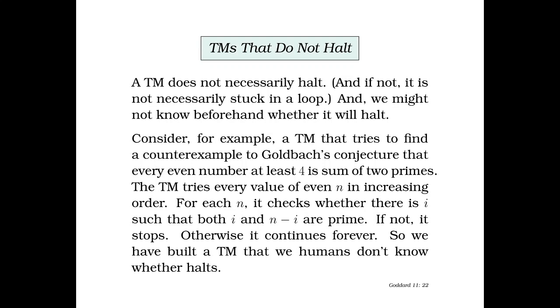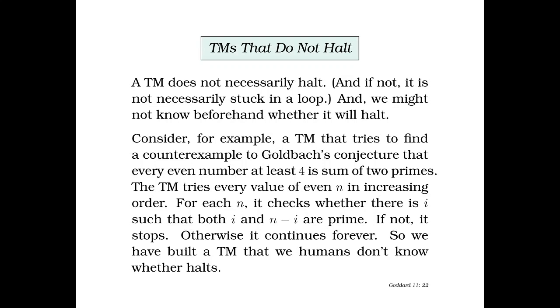Suppose a Turing machine tries to find a counterexample to the famous Goldbach's conjecture, which says that every even number, at least 4, is a sum of two primes. What does that mean? That means the Turing machine is going to try out every value of even n in increasing order.